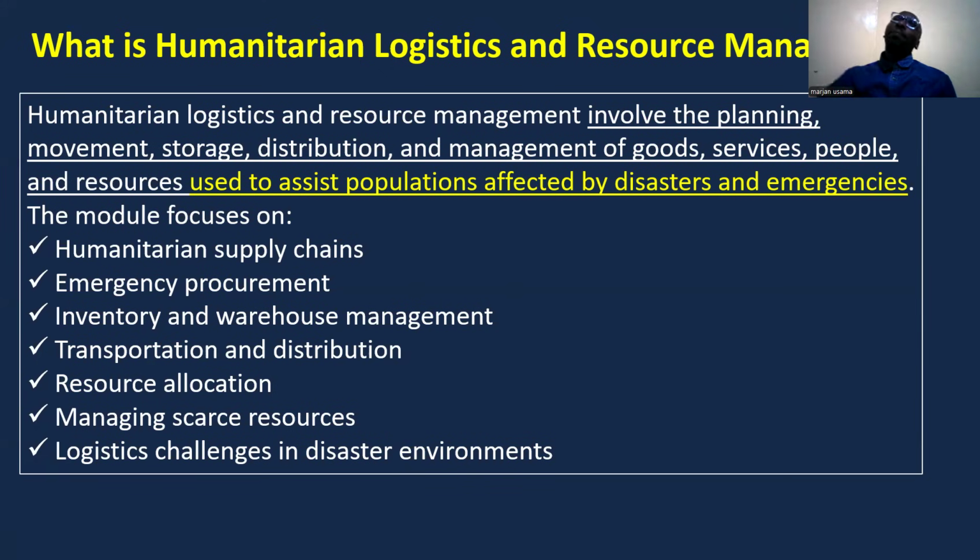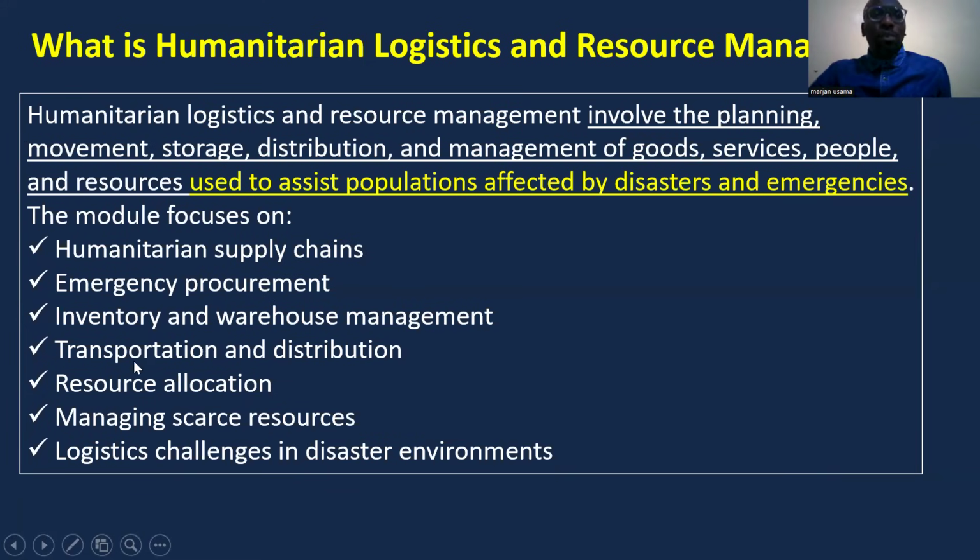So it is all about having a very good plan, and it also involves the movement of resources from one place to another. It also entails the storage of these resources that you are going to use in the times of disaster, then the distributions of these resources, and the management of goods, services, people, and resources used to assist population affected by disasters and emergency.